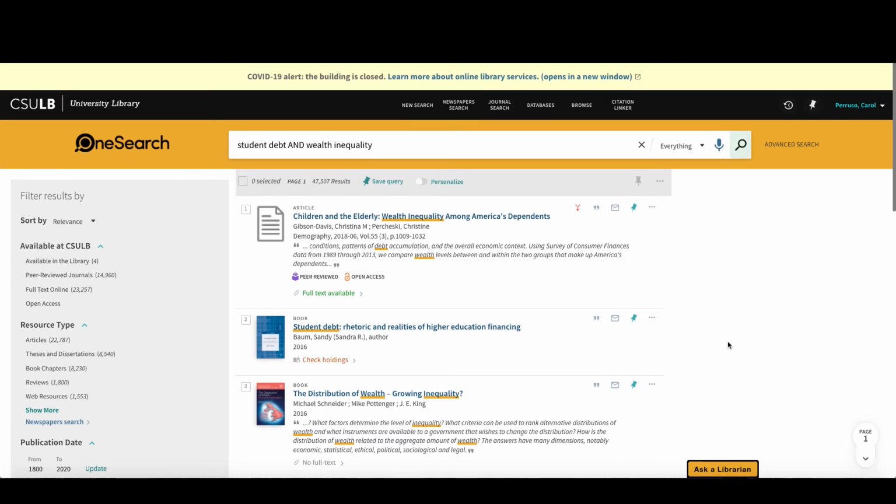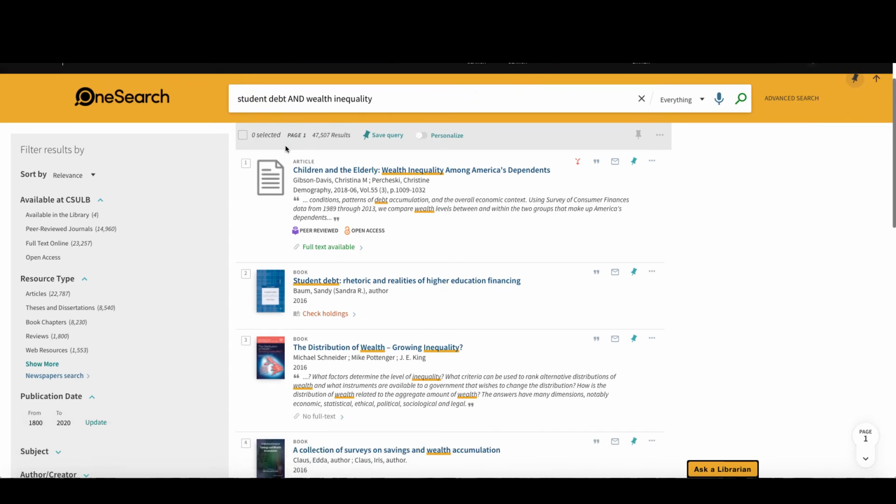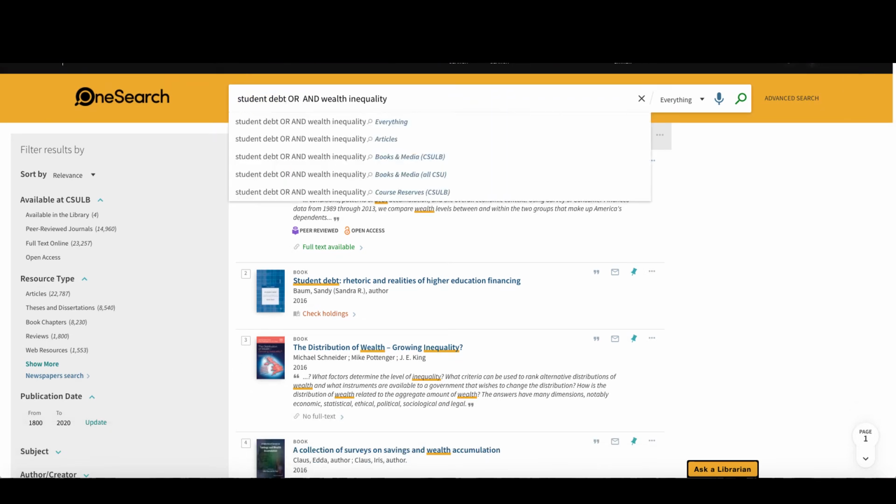However, we haven't used all of the terms that we might use for student debt. Authors may have written about student loans. So I'm going to put in student loans. And because we have it all in one search box here, I'm going to put parentheses around the concept of student debt or student loans and wealth inequality.